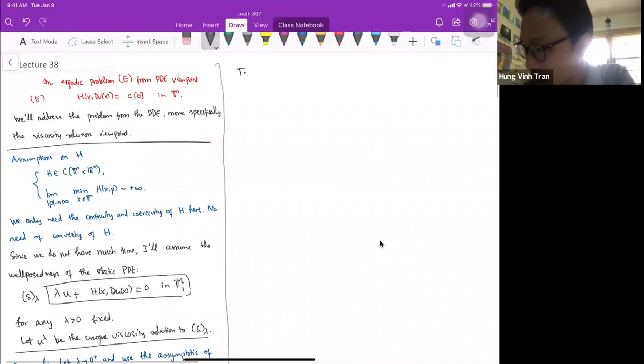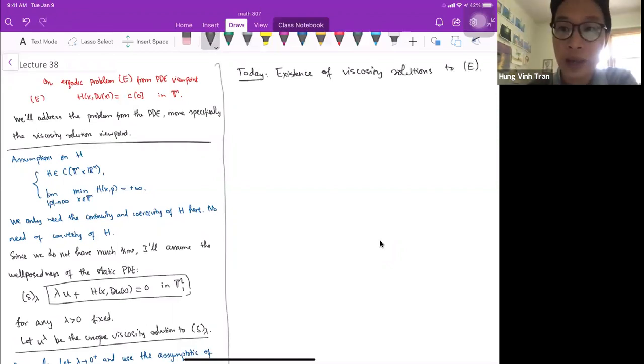The goal of today is existence of a viscosity solution to the ergodic problem. Again, this is the fourth proof in our course, and you see that the PDE proof is actually quite different. It's quite simple actually.